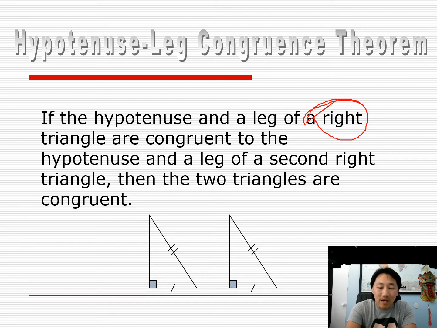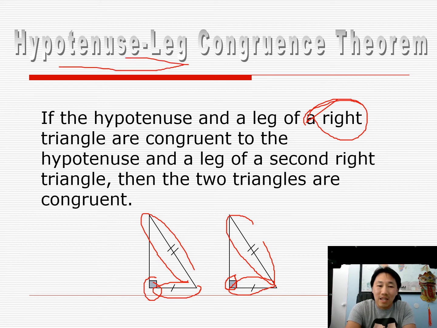If it is a right triangle, and the hypotenuse and a leg match up, we use the hypotenuse leg theorem. It has to be a right triangle, the hypotenuse has to match up, and one of the legs has to match up, then we use the HL theorem.